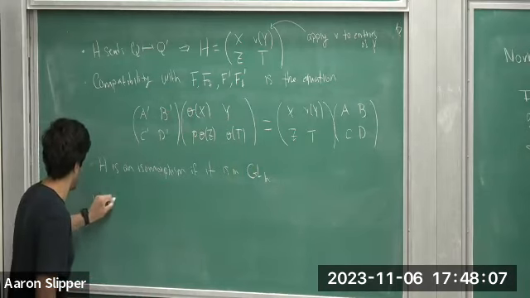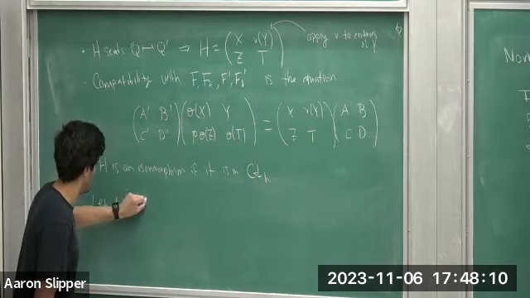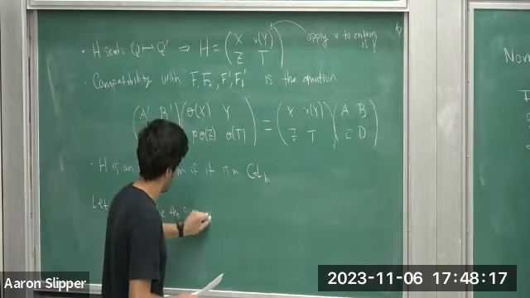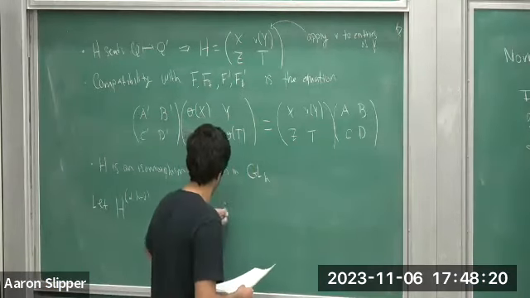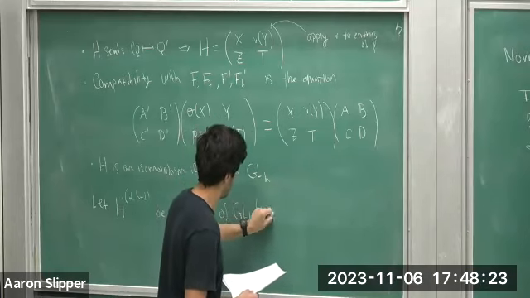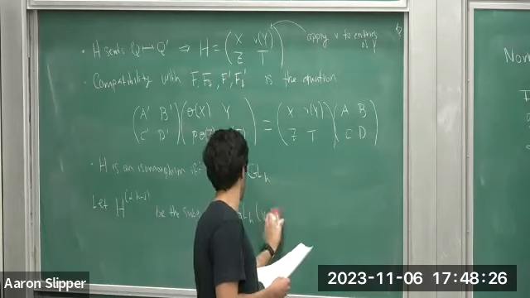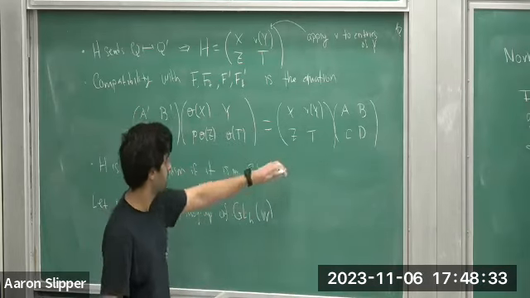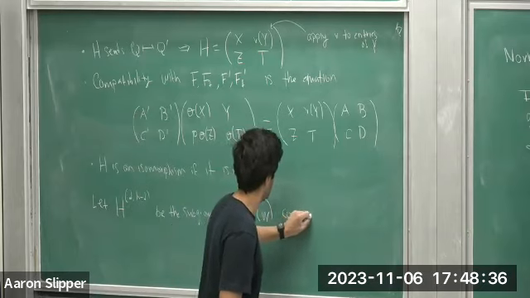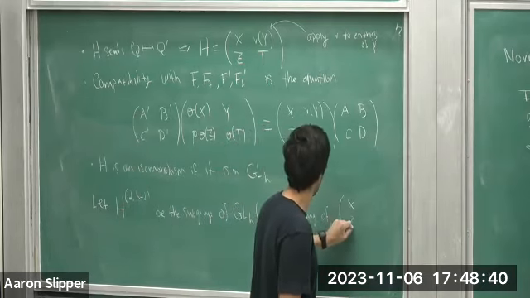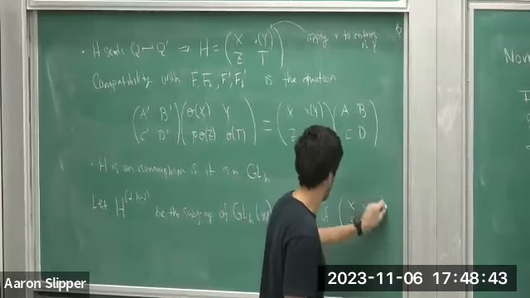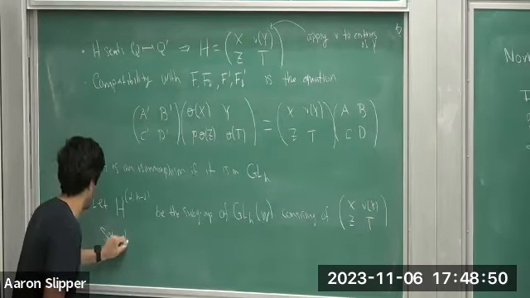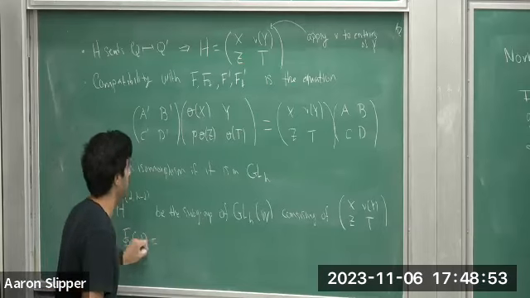So let H_{h-d} be the subgroup of GL_h consisting of matrices of this form, and set P of H to be this matrix here.